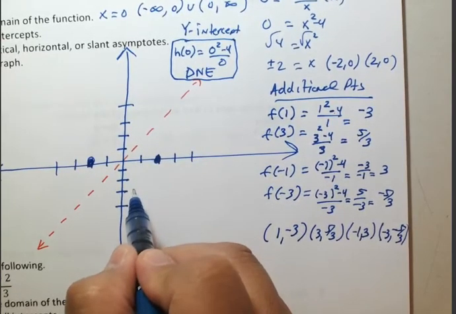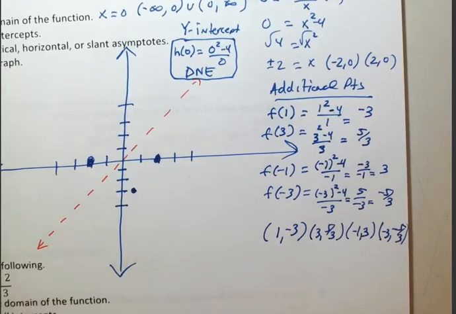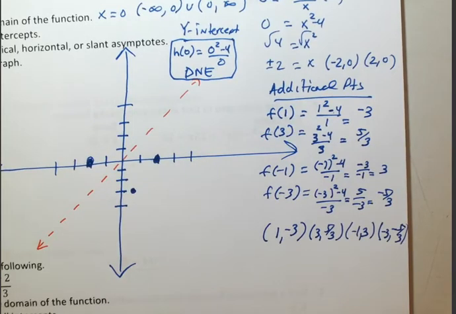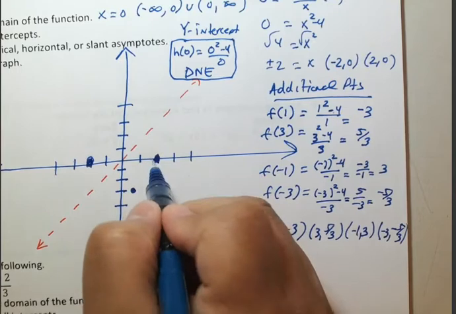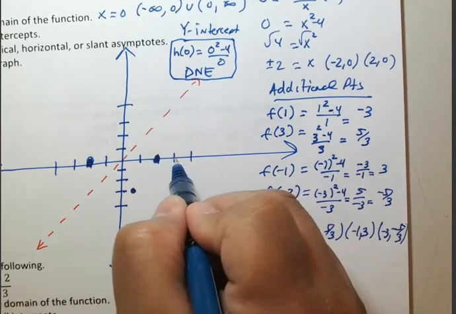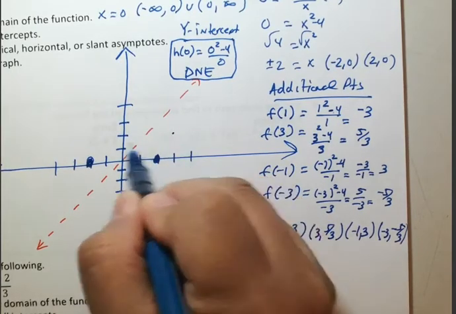So 1 gives me a -3. 3 gives me a 5/3, which is more than what? More than 1, but less than 2. So in between 1 and 2, so like somewhere here.